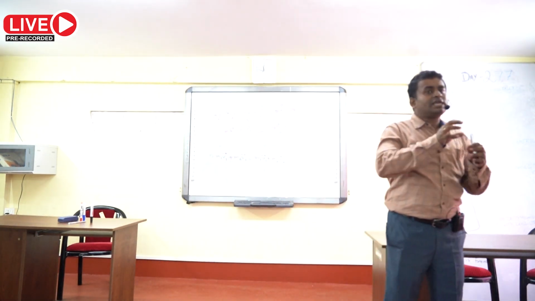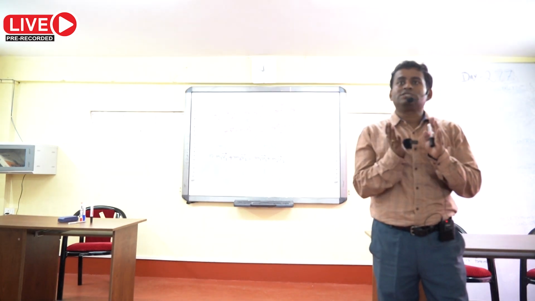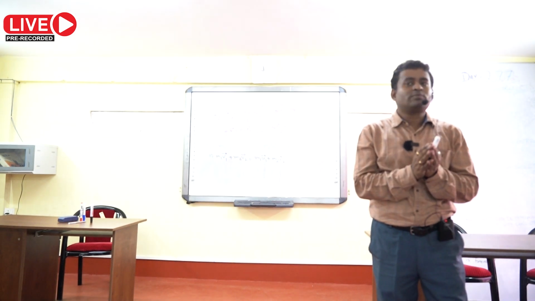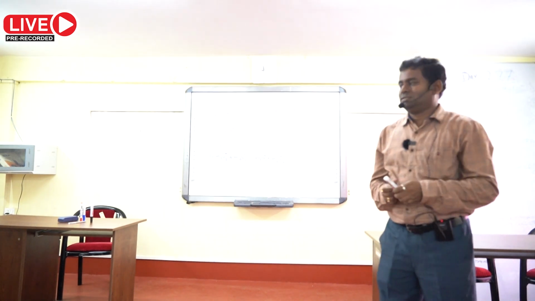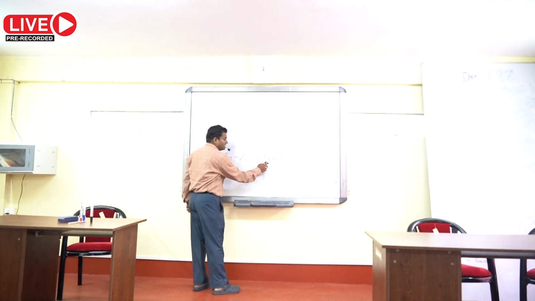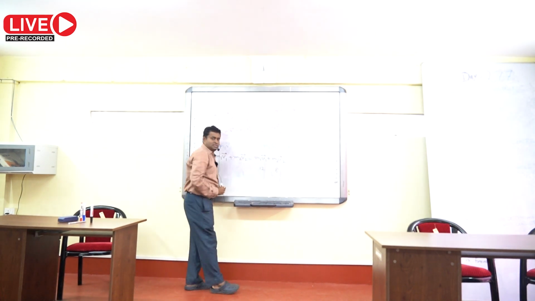It means that for each part of the system, momentum can change. But when you consider the total momentum of the entire system, it will not change, both in magnitude and direction. Suppose m1u1 initially has 12 units and this one is 8 units.